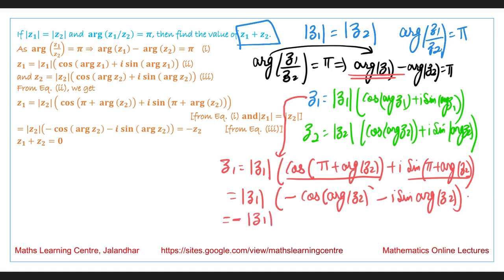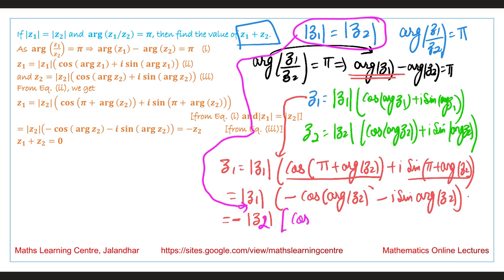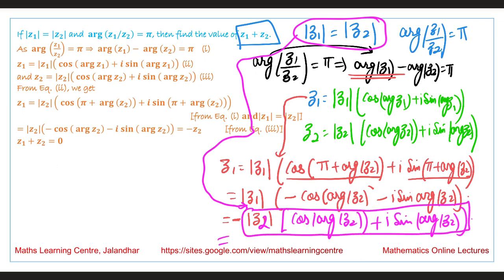In place of mod of z1 we can write mod of z2 using this condition, so it is mod of z2 into cos of argument of z2 plus iota sine of argument of z2, and the value of this whole term is z2.